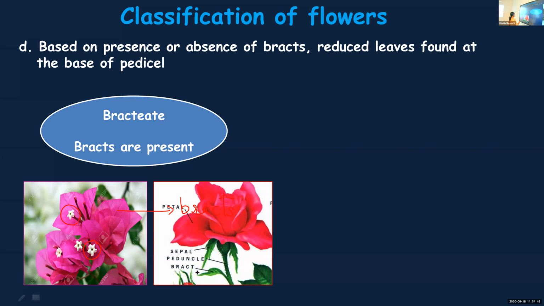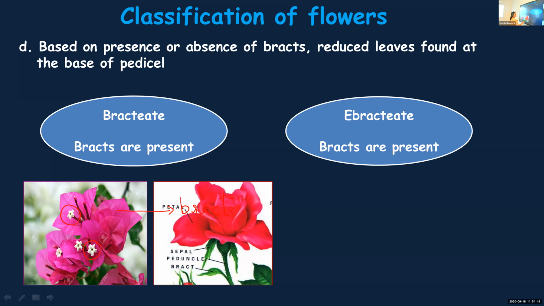Here it is green in color, reduced leaves. Let me take the pen. So reduced leaves which are present at the base of the pedicel are known as bracts. When bracts are present, you call such flowers bracteate flowers.